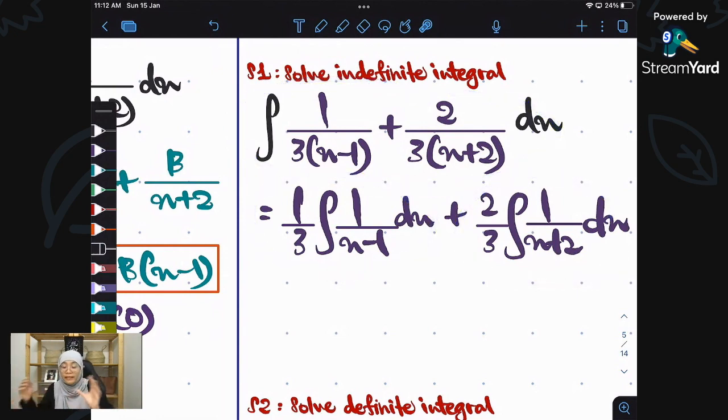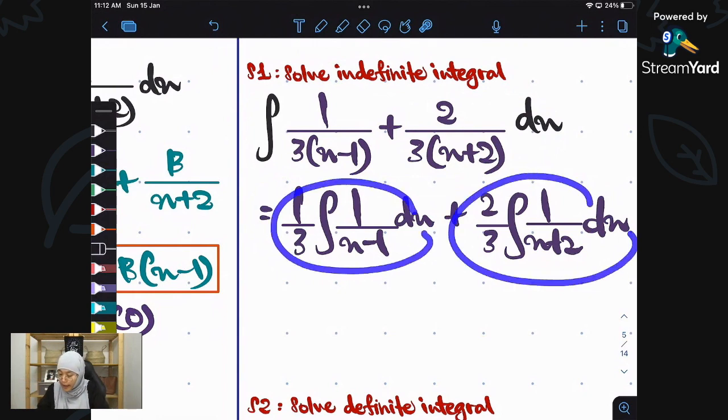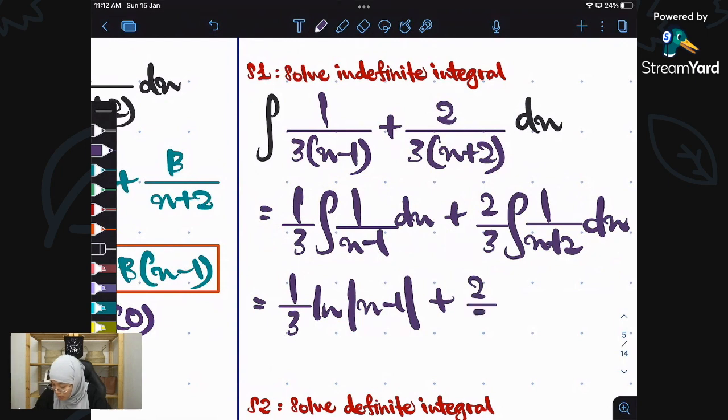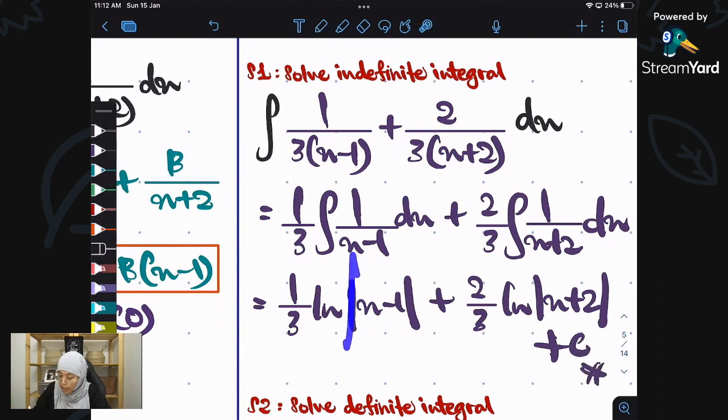So that people understand that there are 2 terms there. And then I start to integrate it. I will get 1/3 ln x minus 1 plus with 2/3 ln x plus 2. And then don't forget plus c, and as well as your modulus. Modulus ni penting ya, tolong tulis modulus.